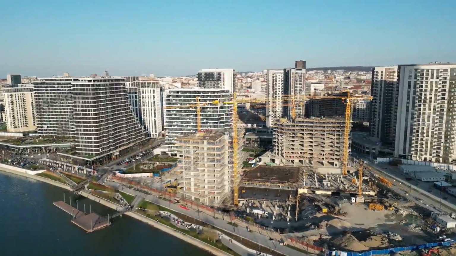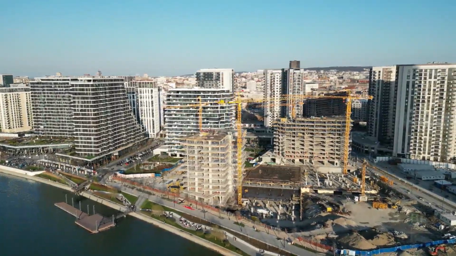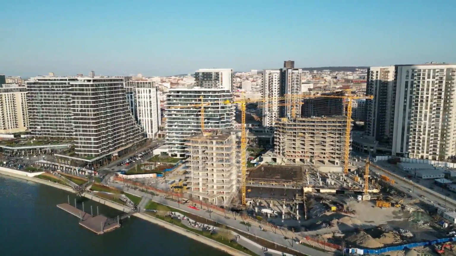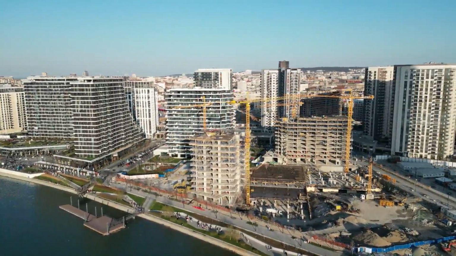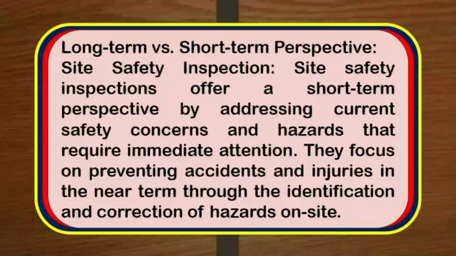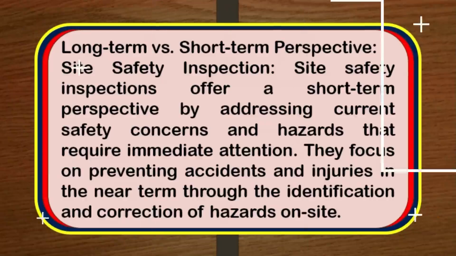They contribute to the development of strategic safety initiatives and risk management strategies. Whereas site safety inspections offer a short-term perspective by addressing current safety concerns and hazards that require immediate attention. They focus on preventing accidents and injuries in the near term through the identification and correction of hazards on site.